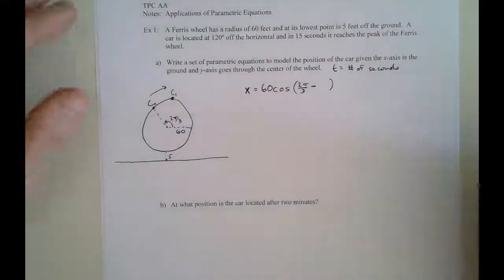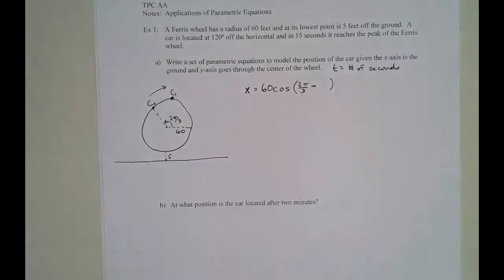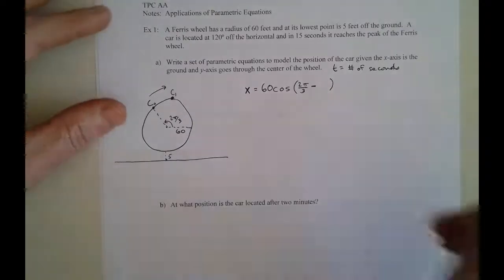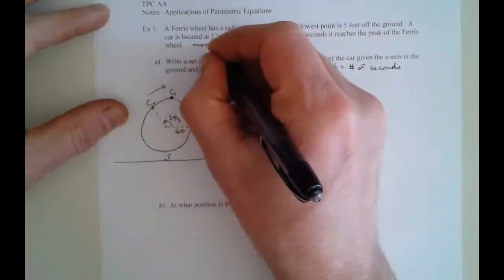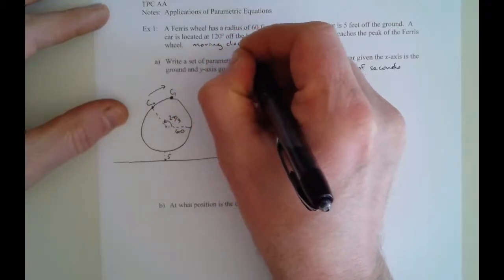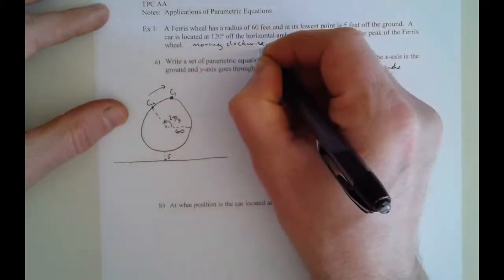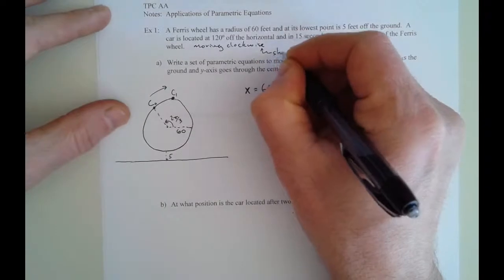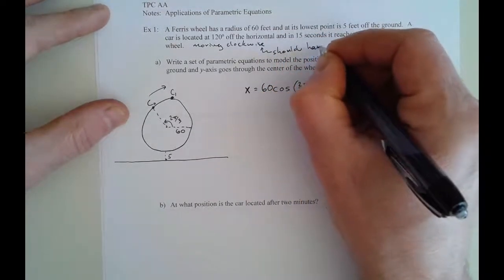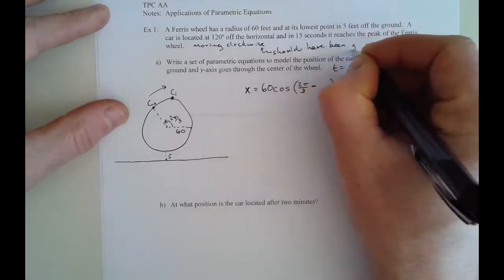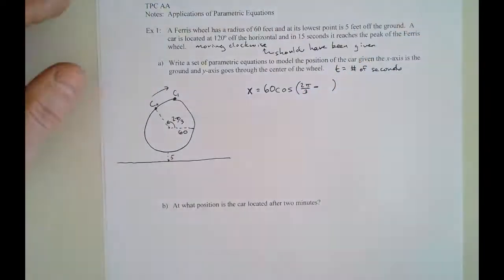When I copied this problem, the directions are that it's going clockwise. Let me check. Yes, moving clockwise. So let me add that in. That should have been given, so we know which way it's going to go. Sorry about that.